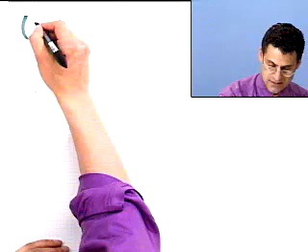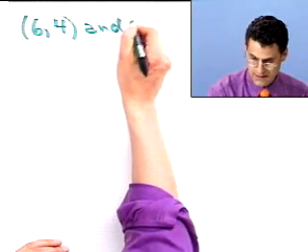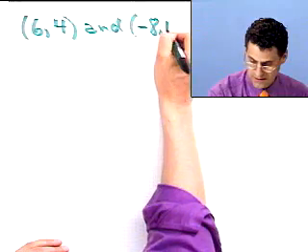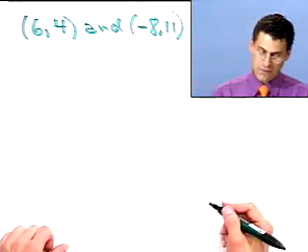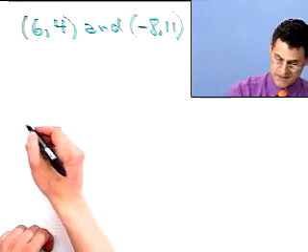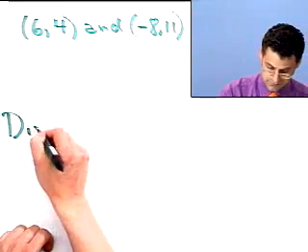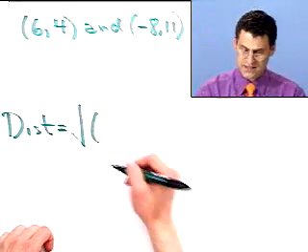So suppose I want to find the distance between the points 6, 4 and minus 8, 11. Okay, so what's the distance? Well, what I do is you can think about it graphically and set up the triangle, and we'd see that the distance would equal the square root, and I take the differences of the x's.